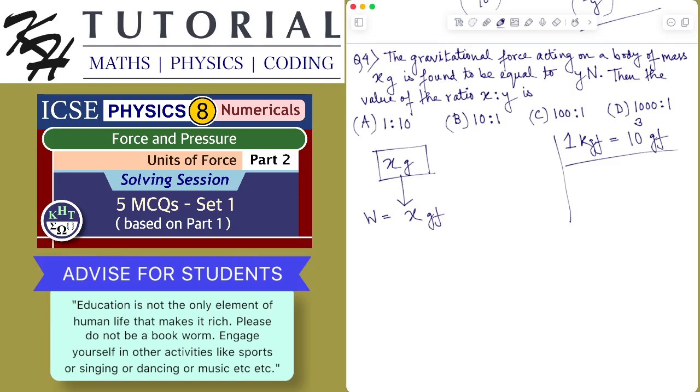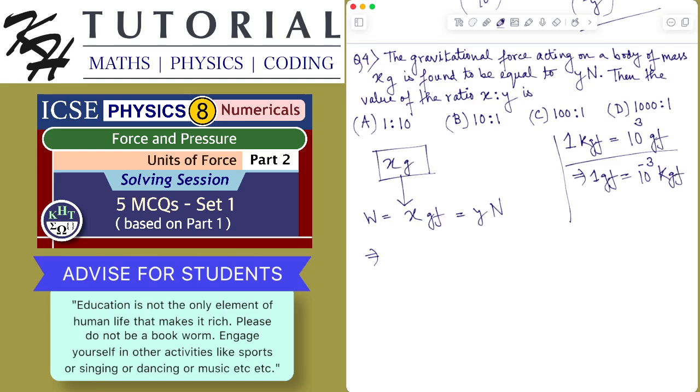Now this weight, the gravitational force acting on a body, is found to be equal to y Newton. Okay. Now what is x gf? If 1 kgf is equal to 10 to the power 3 gf, I can say that 1 gf is equal to 10 to the power minus 3 kgf.